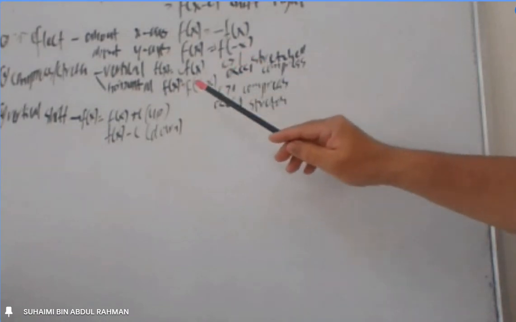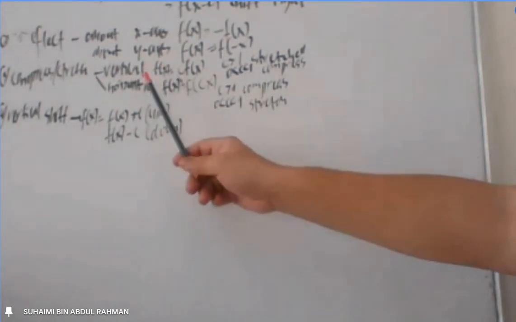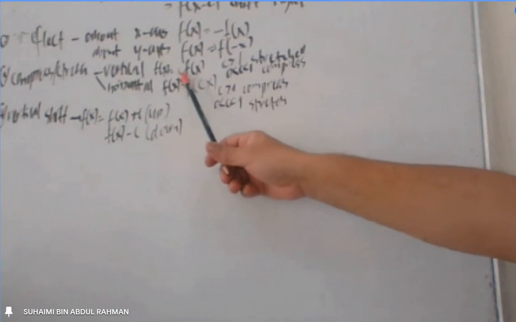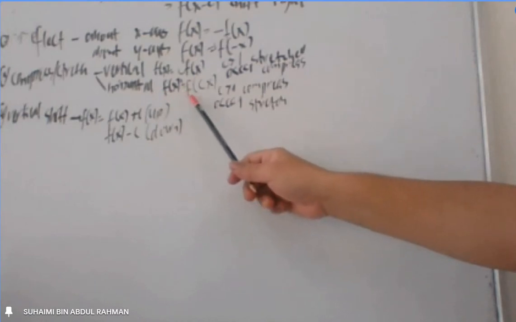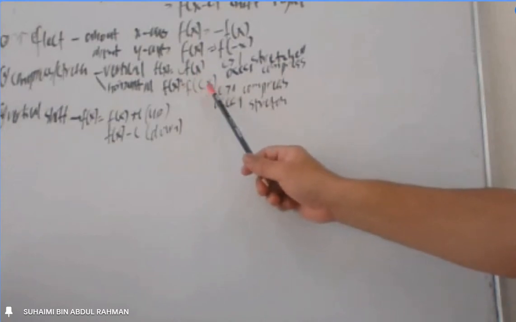Compress or stretch happens, but we have to verify whether it is vertical or horizontal. Vertical happens when c is multiplied by our function. Horizontal happens when x is multiplied by c, not our function multiplied by c.